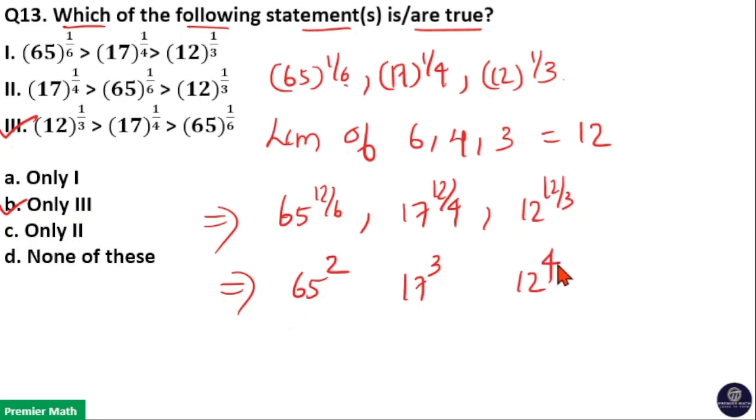So, here, higher the power is 4, which means 12 raised to 4 is the greatest. And here, 17 cube and 65 square. 17 cube is greater, that is 12 raised to 4 greater than 17 cube greater than 65 square, which means 12 raised to 1 by 3 greater than 17 raised to 1 by 4 greater than 65 raised to 1 by 6.